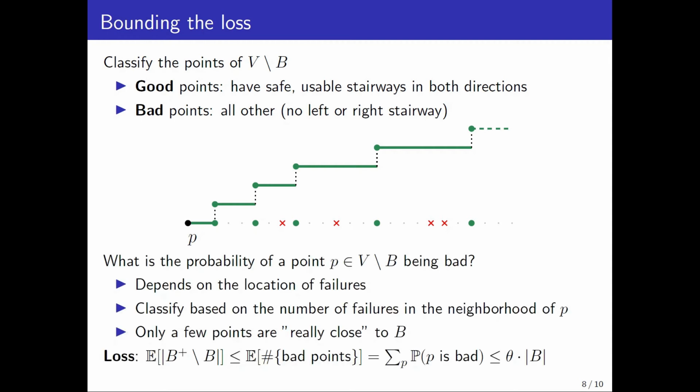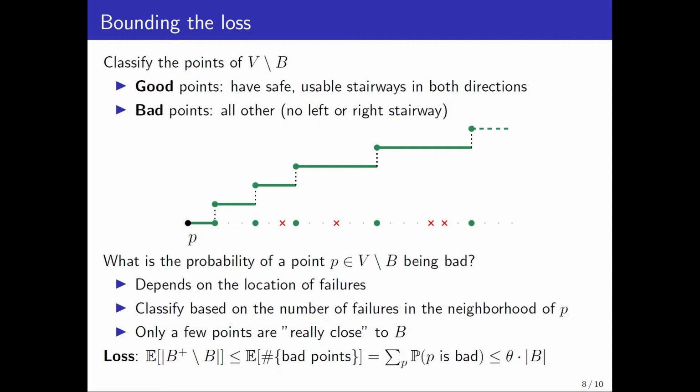So for that we want to compute the probability of a point being bad. This probability, of course, depends heavily on the actual location of the failures, because the intuition is that if a point is close to the failure set, so it has many neighbors that are in the fail set, then it's more likely to be a bad point.